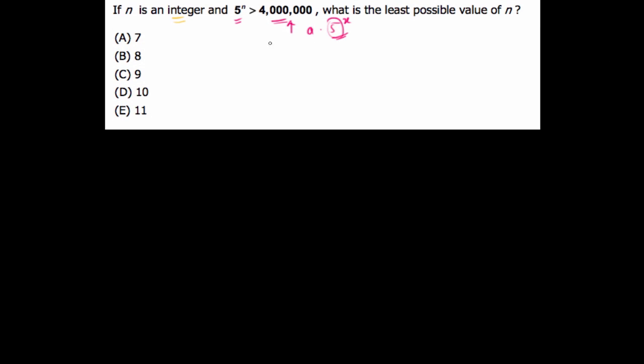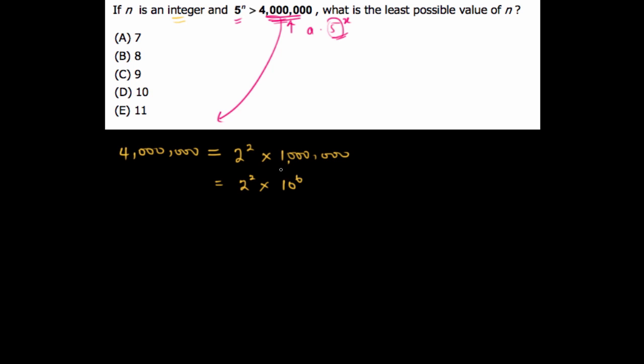What I have here is 4 million, so this is 4 with 6 zeros. 4 million is the same thing as 2 squared times 1 million, and 1 million has 6 zeros, so this is 2 to the power 2 times 10 to the power 6.